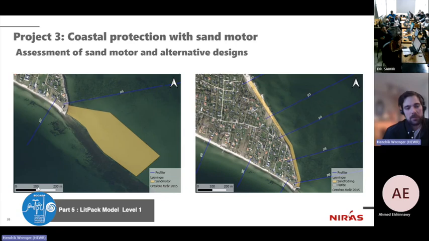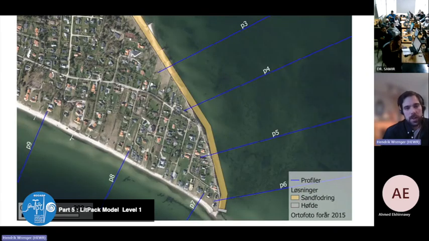So that's where this alternative solution came in, so that similar quantities are placed directly along the beach, and then you have a small structure here which can hopefully stop a little bit of a disappearance of sediment in case of a northerly event.